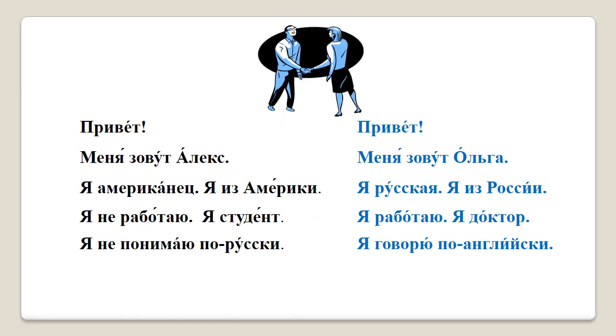And lastly, let's have a go at introducing ourselves. I'm going to read the text in black out first and then translate it. Привет! Меня зовут Алекс. Я американец. Я из Америки. Я не работаю.